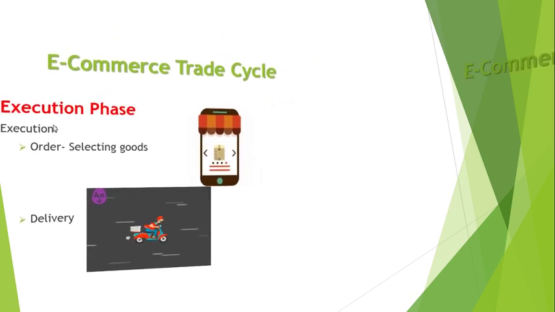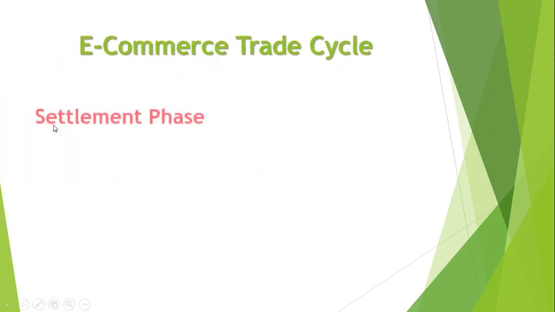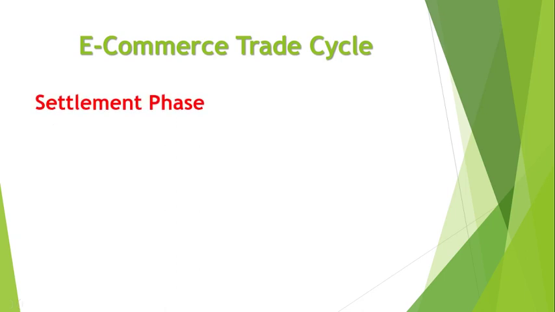The third phase of the trade cycle is settlement. Once you have negotiated, agreed the prices and terms, and placed the order, you will get the delivery time, in how much time it will be delivered, and the delivery charges and everything. Then it will come to the third phase, the settlement phase.